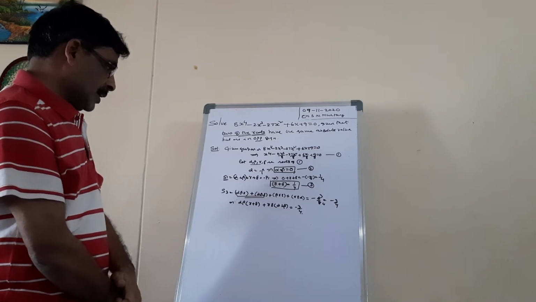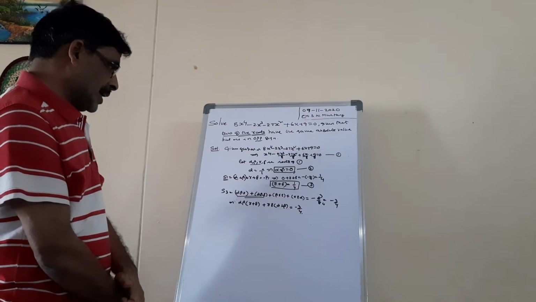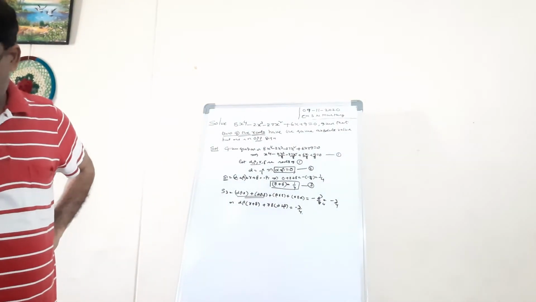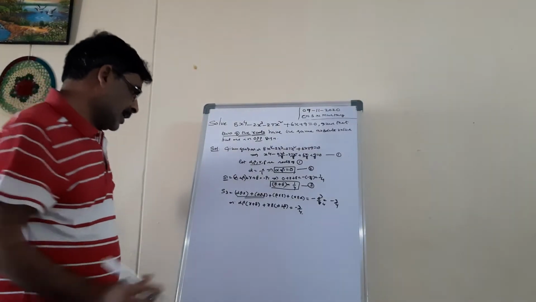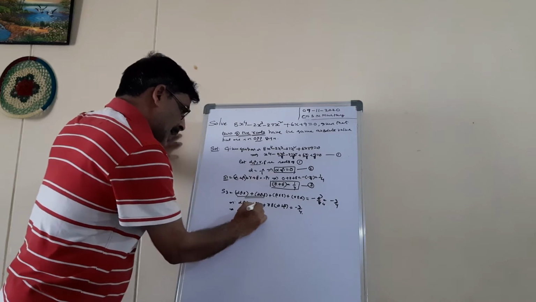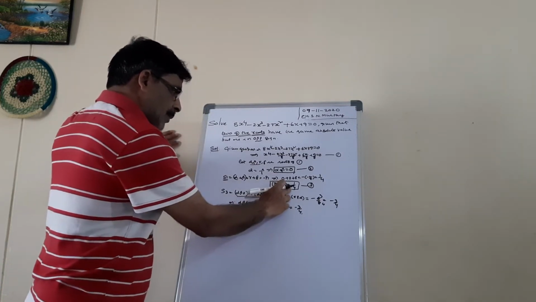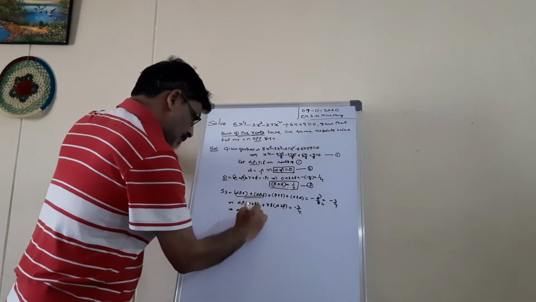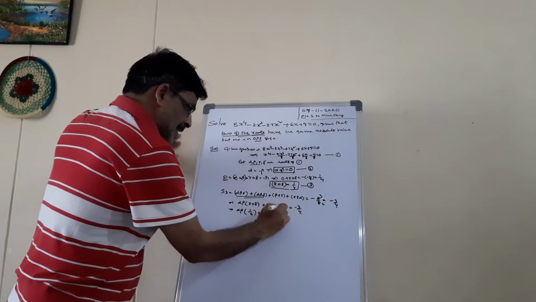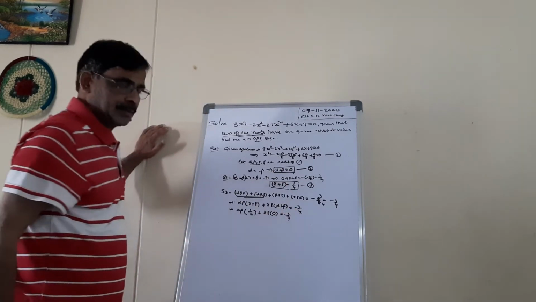We have alpha plus beta and gamma plus delta. So alpha beta into gamma plus delta, which is 1 by 4, plus gamma delta into alpha plus beta, which is 0, equal to minus 3 by 4.